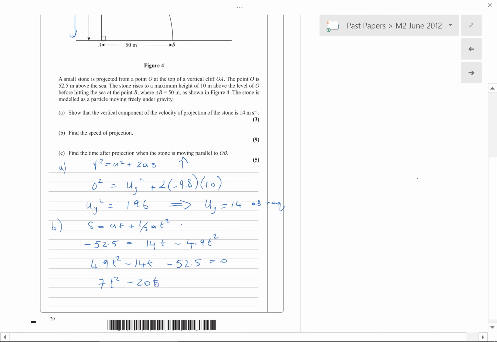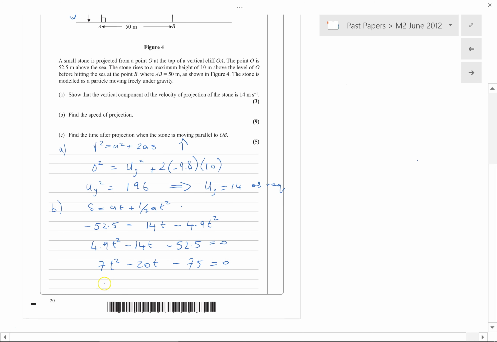I get 20t there, and dividing that by 0.7 would be 70. Yeah, minus 75, I knew it was. I checked with the calculator anyway.